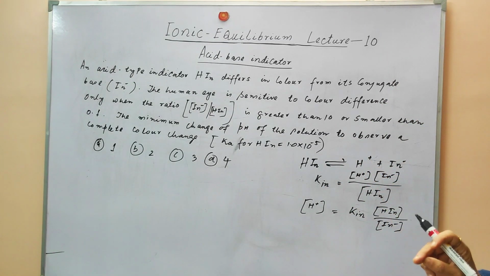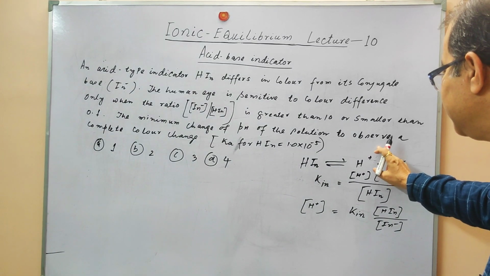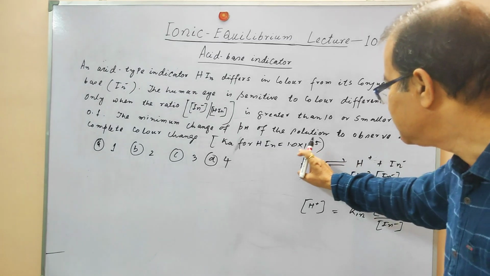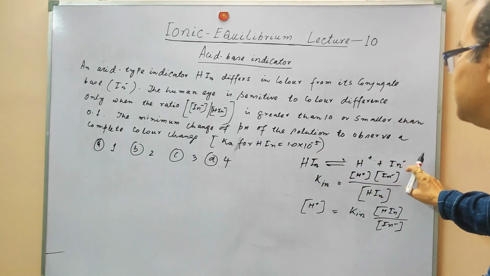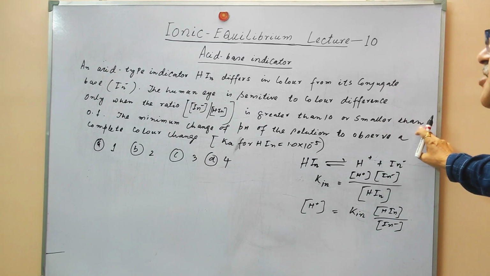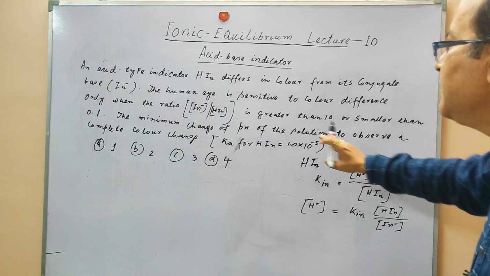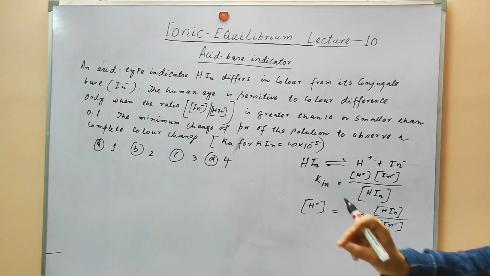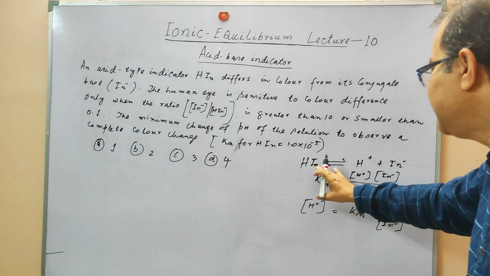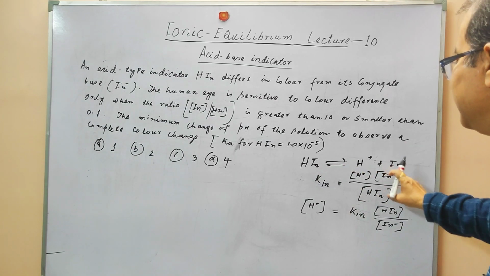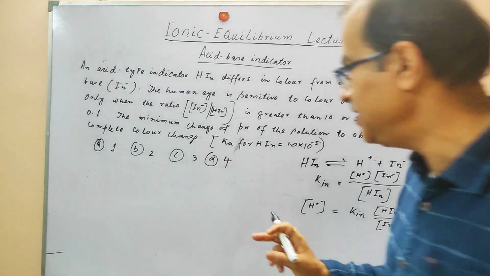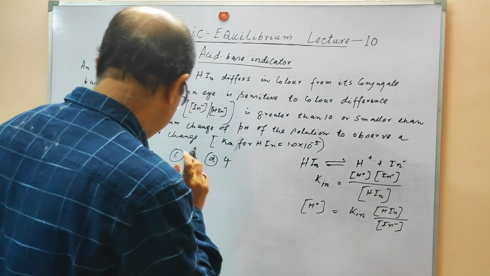In the acidic medium, the acid concentration will increase and the conjugate base will decrease, so the smaller ratio of 0.1 is applicable. When we add alkali, the In minus will increase and the ratio will be greater than 10. At that time you have to see what the pH change will be.